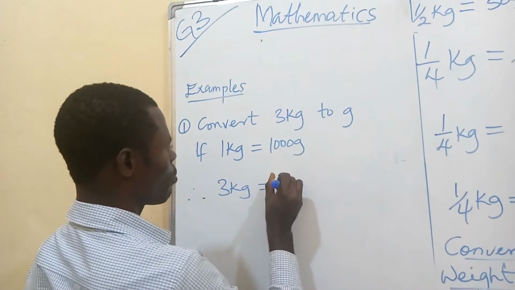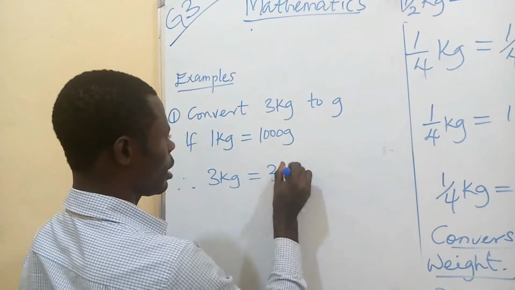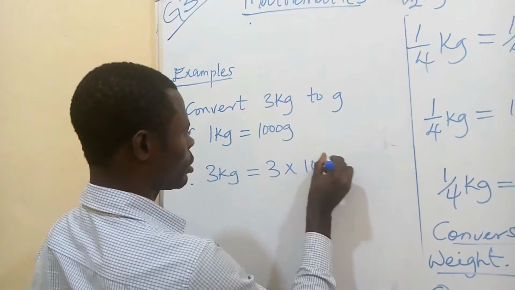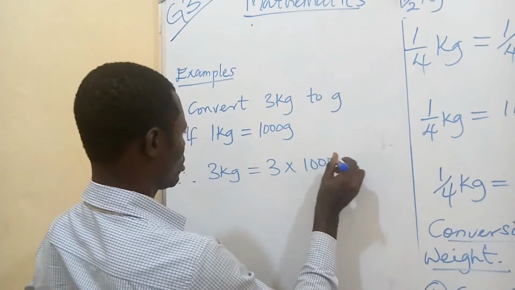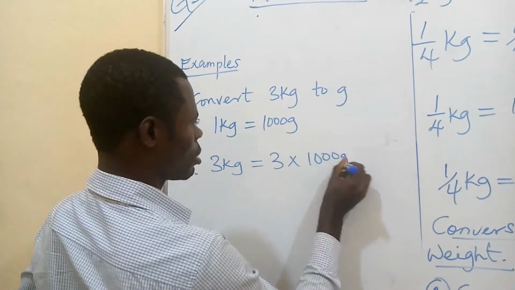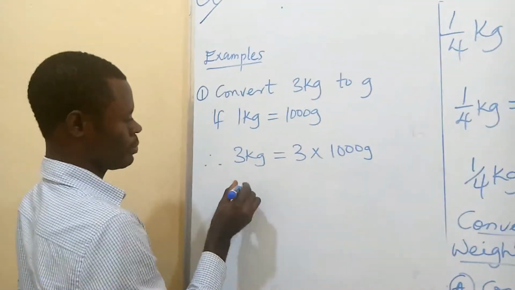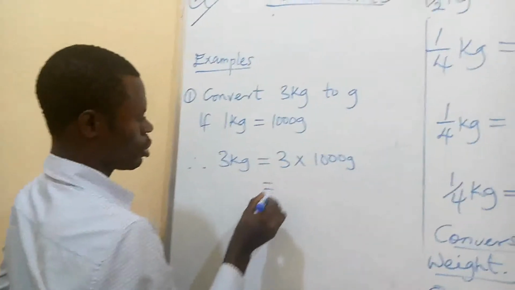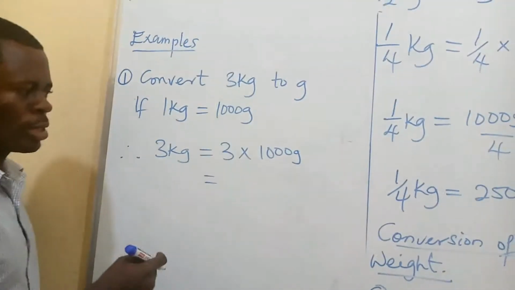That is 3 times 1,000 grams, or 1,000 grams times 3.